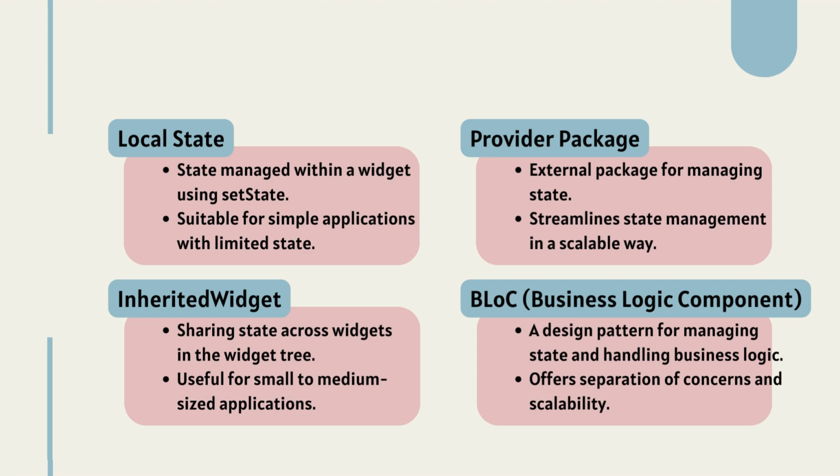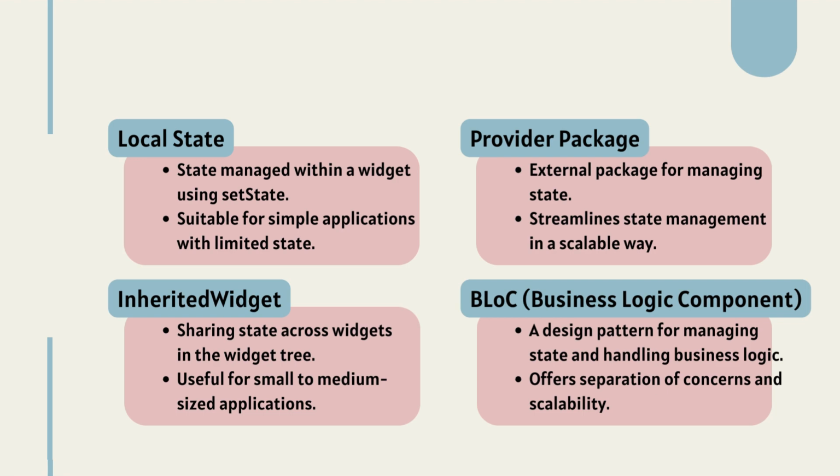There are four approaches. First one is local state, second one is provider package, third one is inherited widget, and fourth one is BLoC, which means business logic component. The local state is a state managed within a widget using setState. The provider package is an external package for managing state.